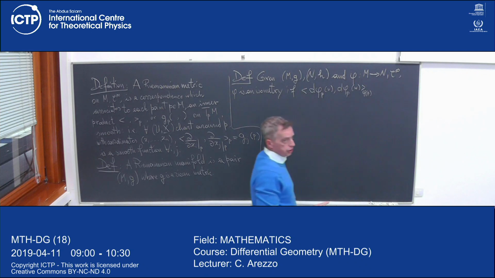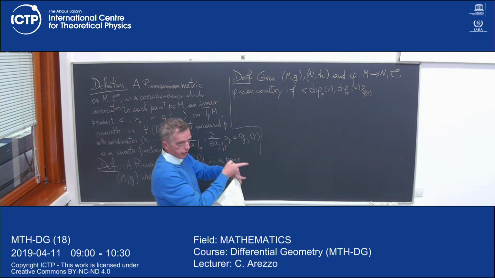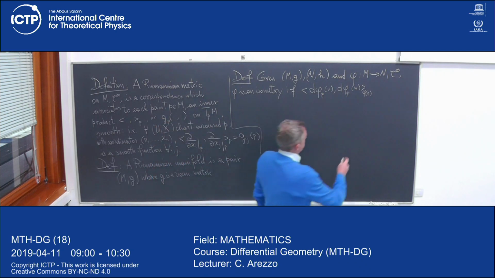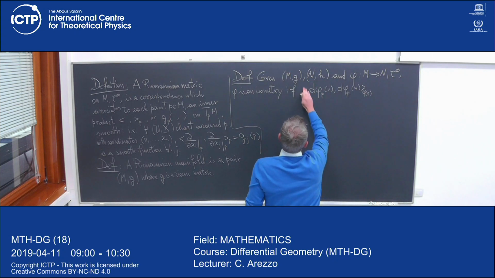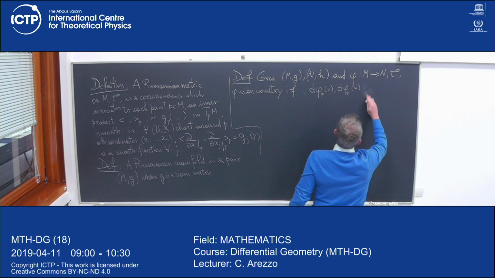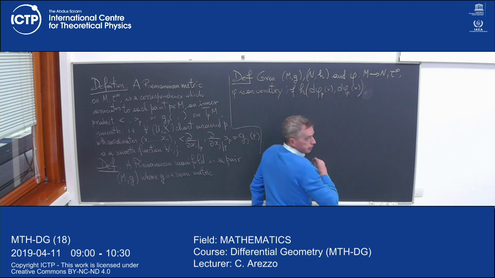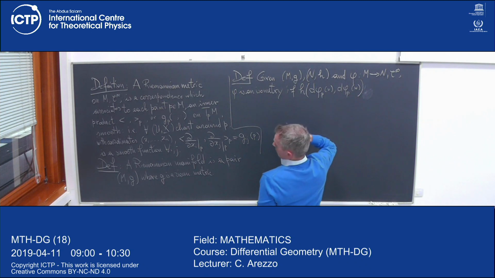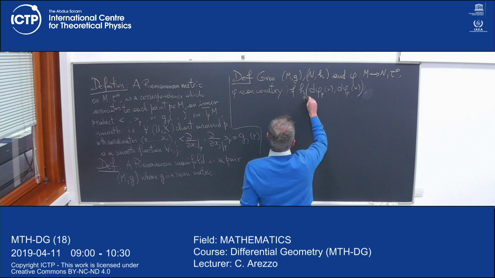Okay, so if I measure the scalar product of the image via the differential at the right point, at the image point, of two tangent vectors on N, oh sorry, I call them g and h. Okay, so this is h, because this is the target thing, at the point phi of p here.